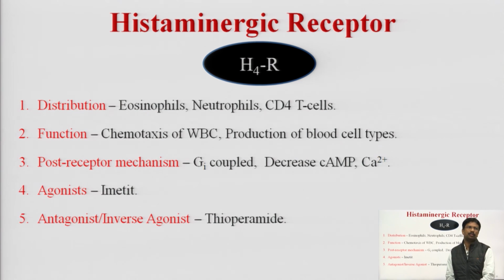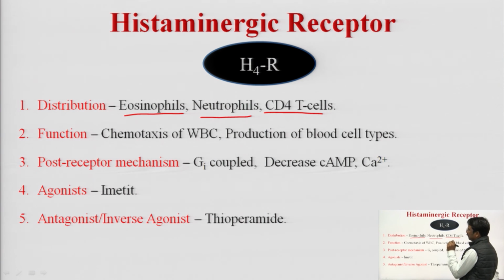Now, let us move to the last one, that is the H4 receptor. H4 receptor is primarily found in the eosinophils, neutrophils and the CD4 T cells. What is the function of these H4 mediated receptors? It stimulates the chemotaxis of the WBC.